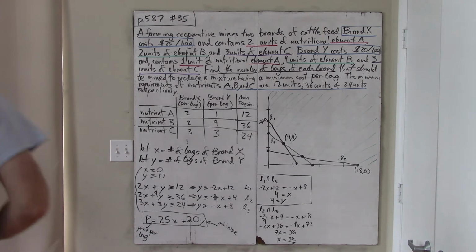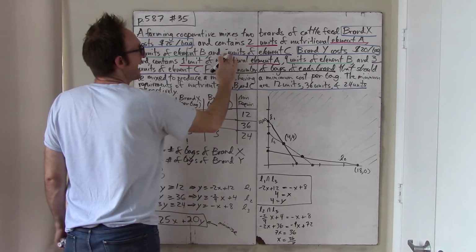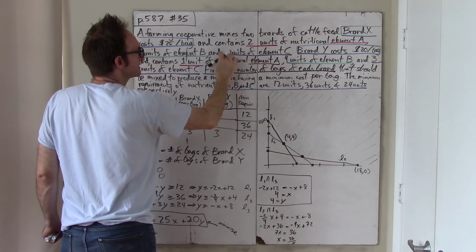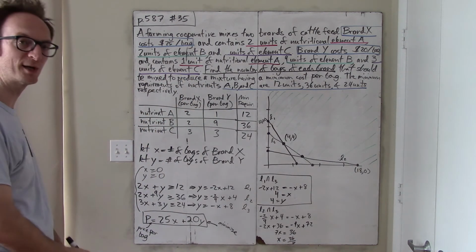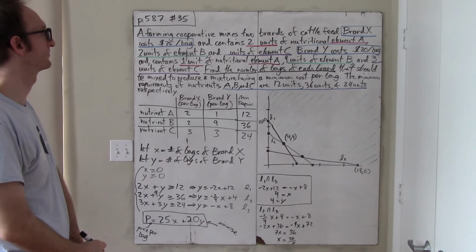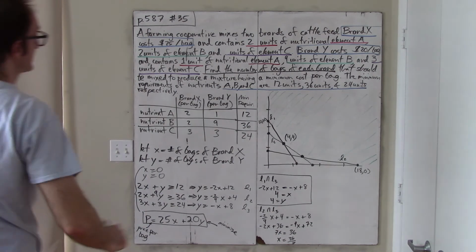The entire problem is that way back at the very, very beginning, oh my gosh, that is the wrong number. Well, I'm not remaking this video because every single thing I said was quality explanation, but I just had one number up. I literally copied the problem wrong. In fact, brand X contains 2 units of nutritional element A, 2 units of B, and 2 units of C.